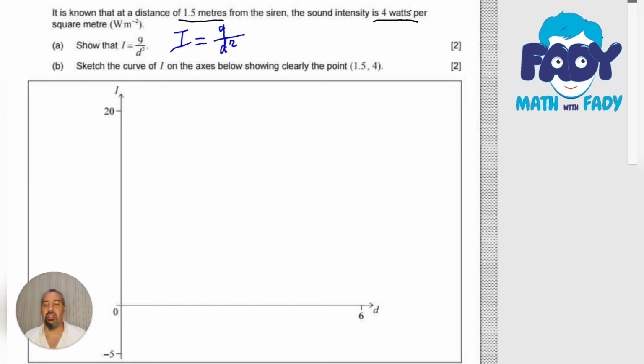All we need to do is to enter this equation into our graphing calculator, so it will be y equals 9 over x squared.